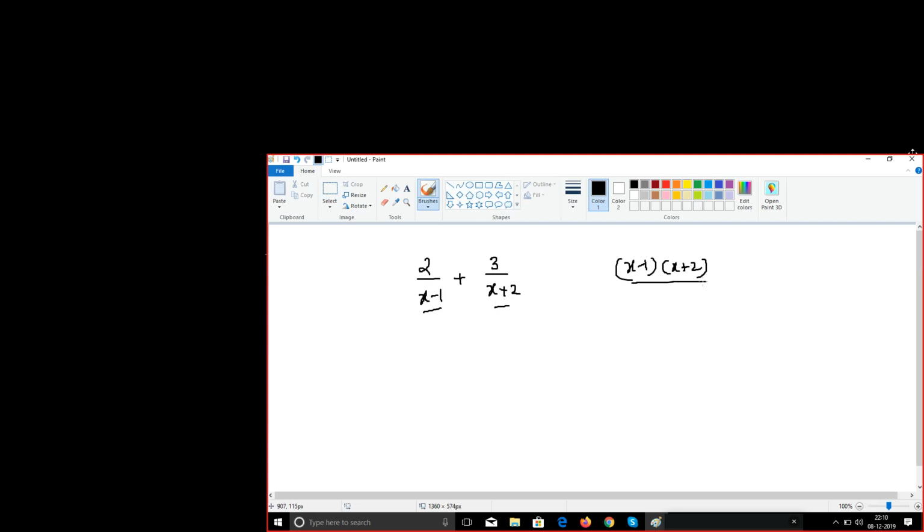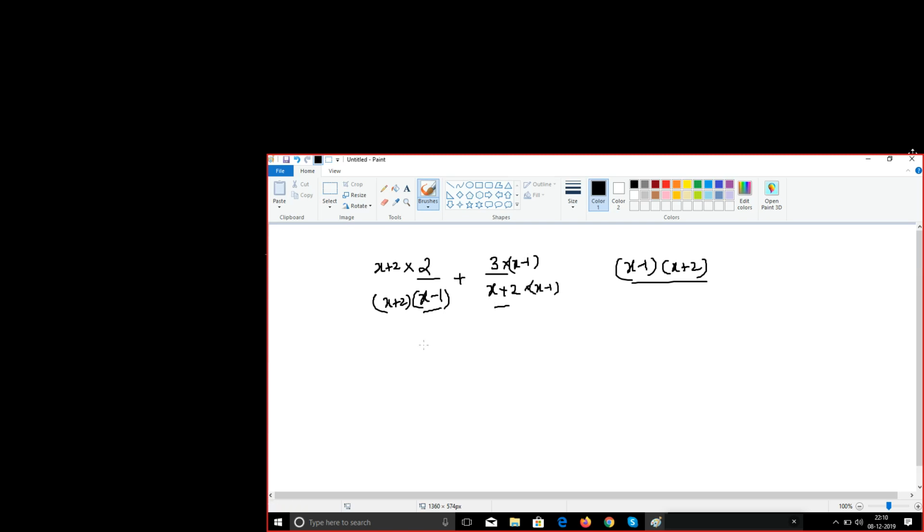To make the denominator like this, you have to divide and multiply with x plus 2 here, and here you have to divide and multiply with x minus 1. Is this clear?